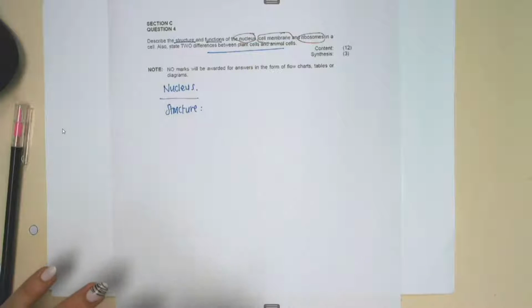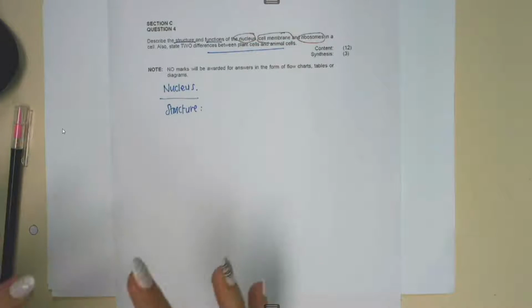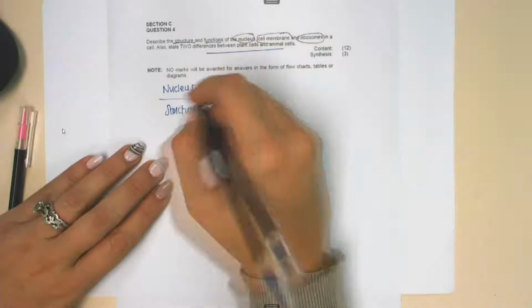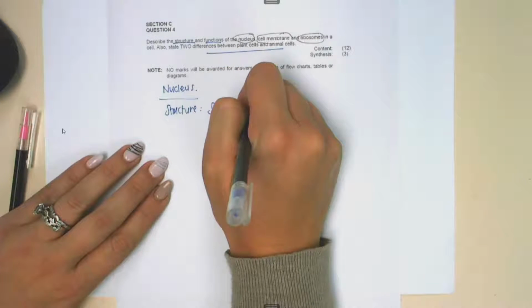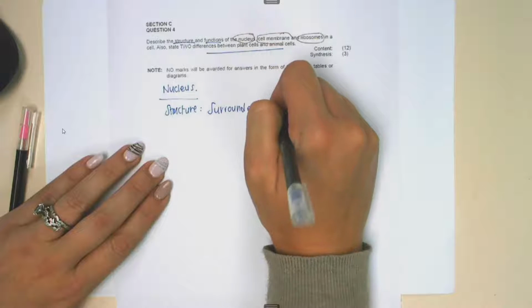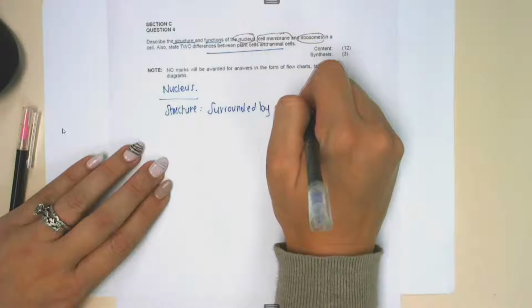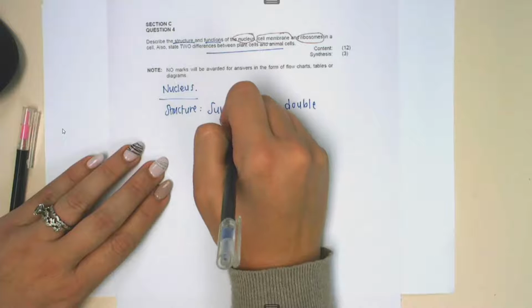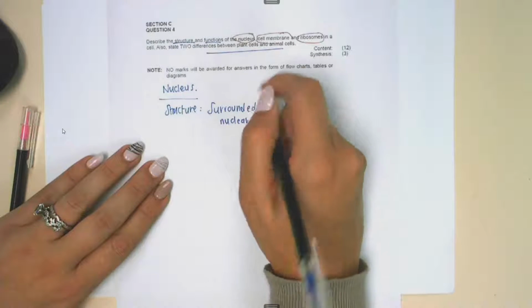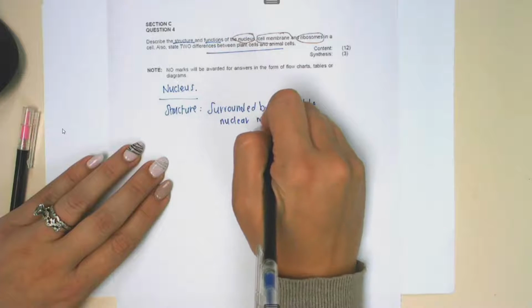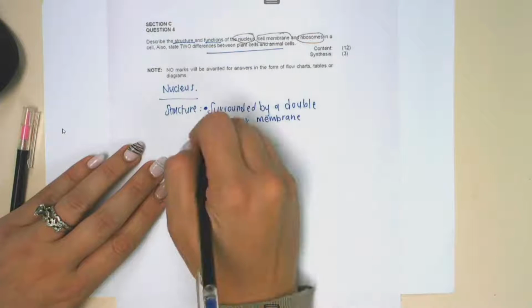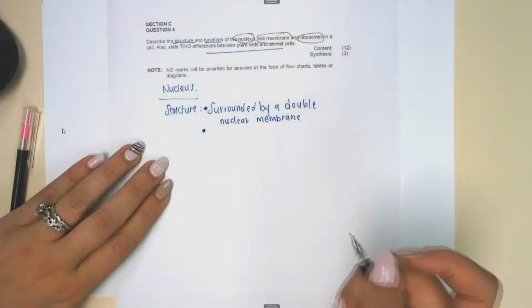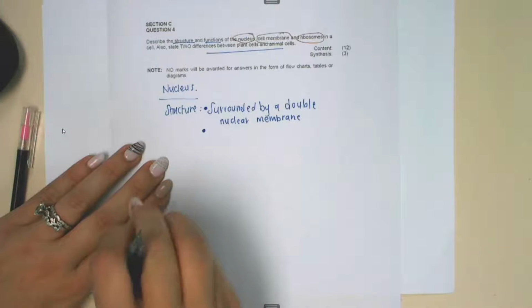Now, the structure: it's surrounded by a double nuclear membrane. So then you write surrounded by a double nuclear membrane. Remember, you can make that your first bullet. Then, the outer membrane can be connected to the ER.